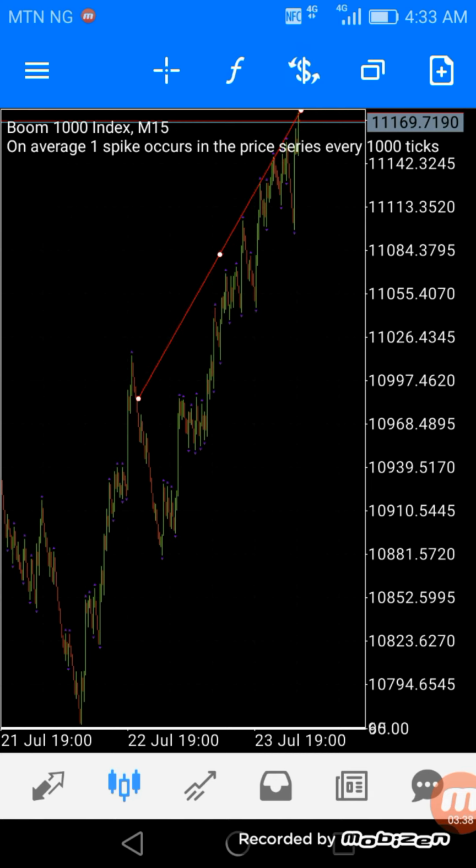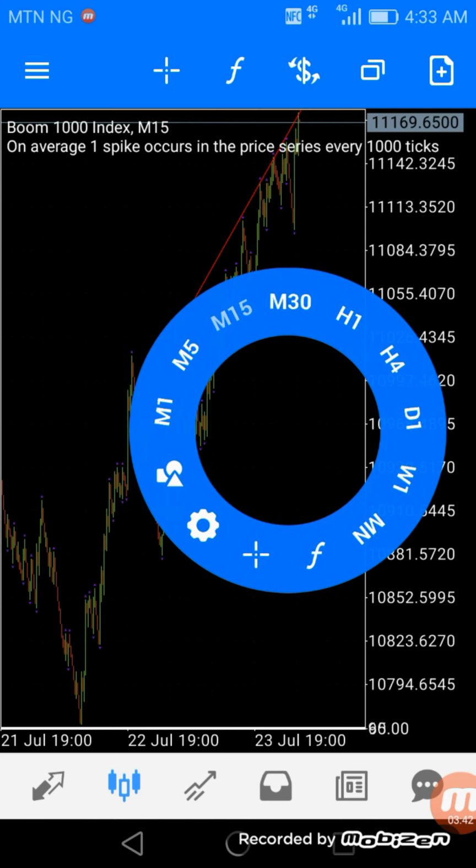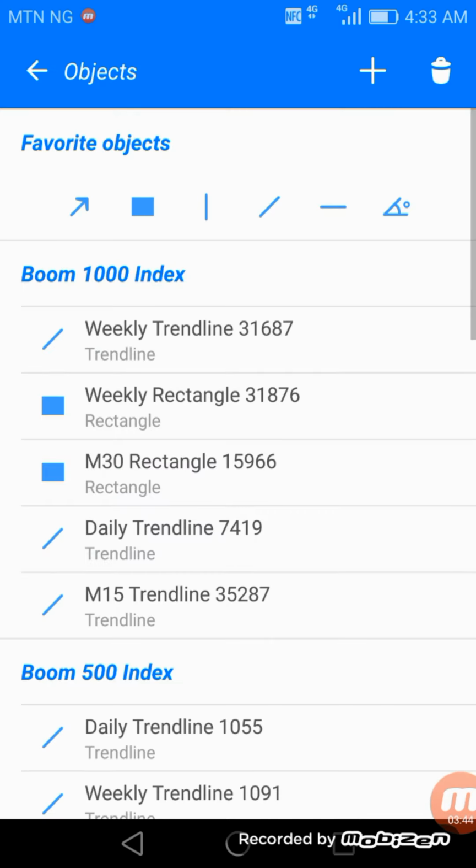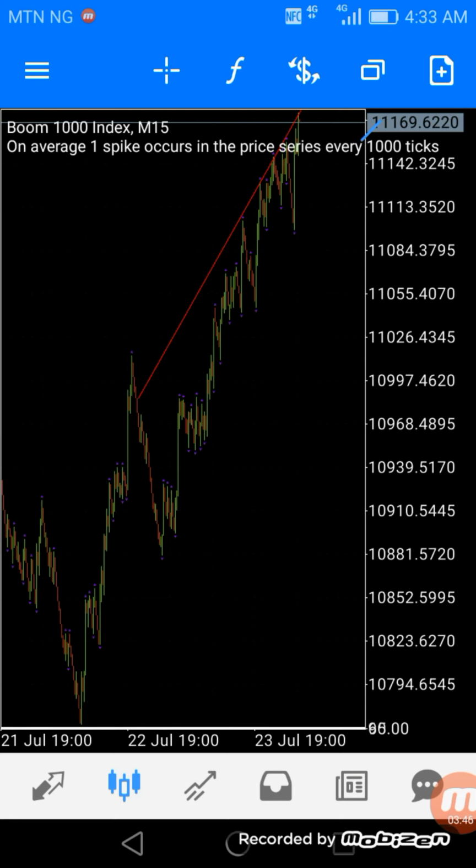Now we can go to a lower time frame to make adjustments. Okay, but then let's put a twin trend line to the downside. Yes, twin trend line to the downside. You can extend it to this point.